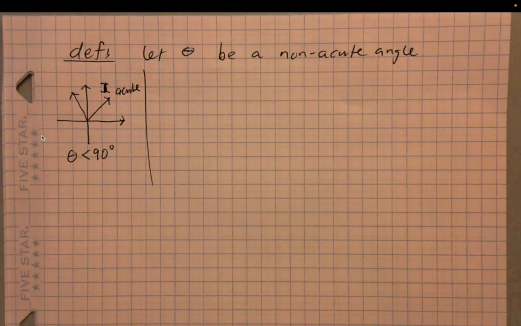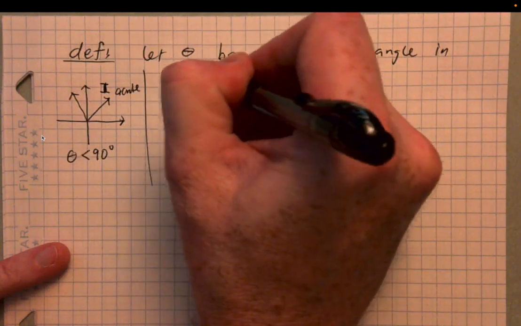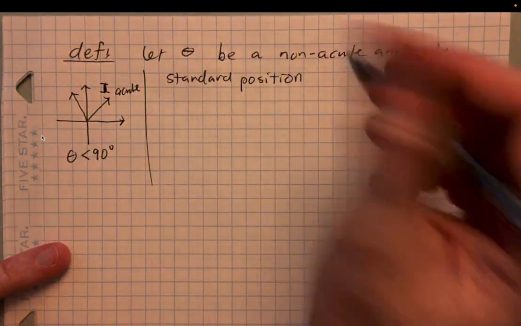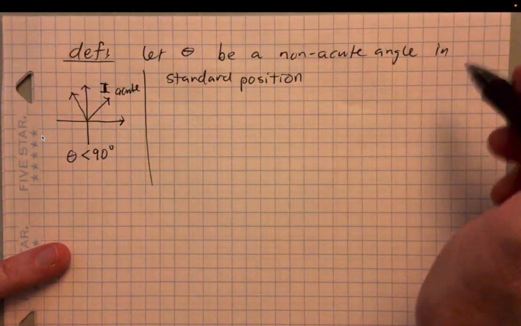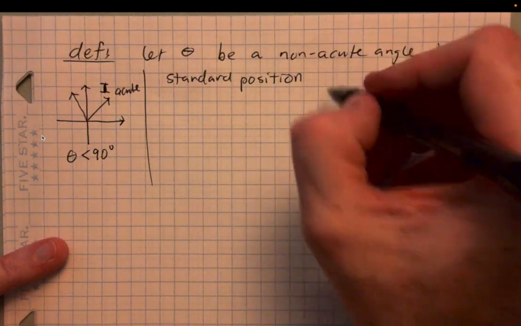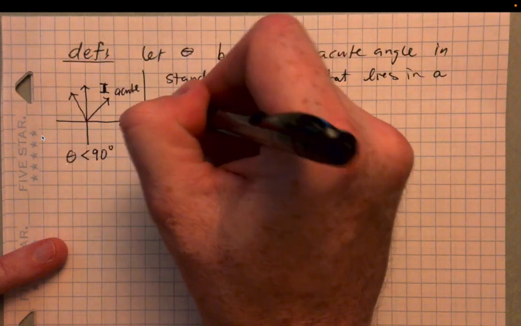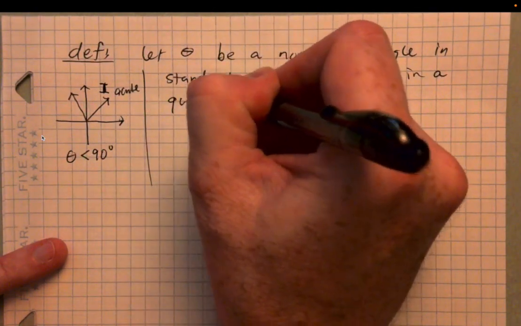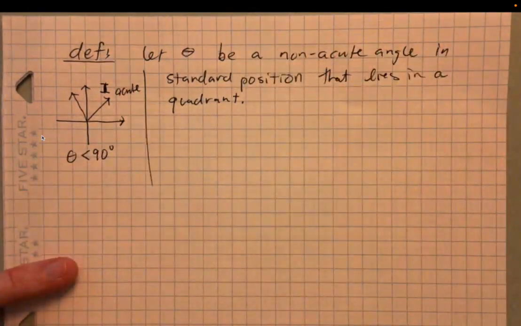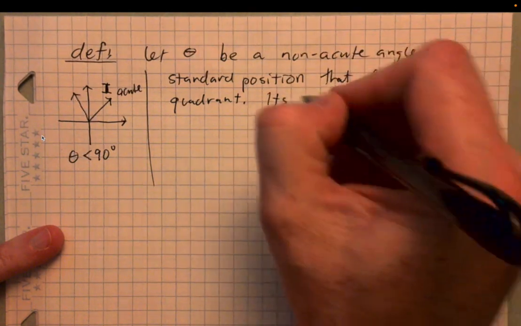So let theta be a non-acute angle in standard position that lies in a quadrant. Naturally that's going to happen, right? Its reference angle, that's what we're defining.